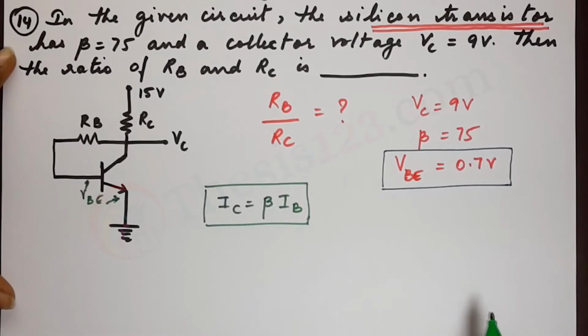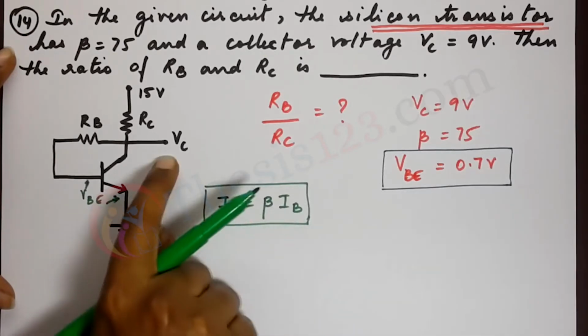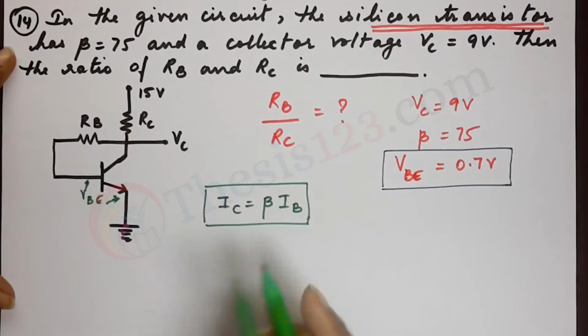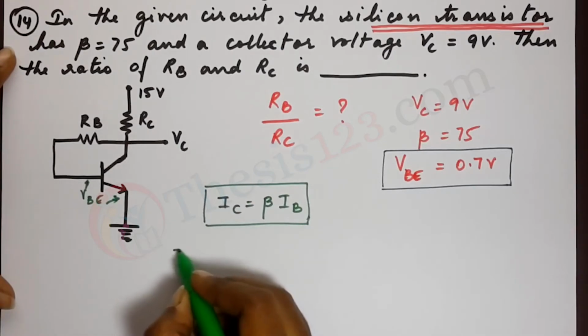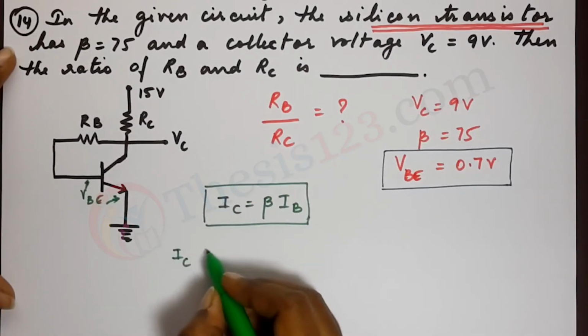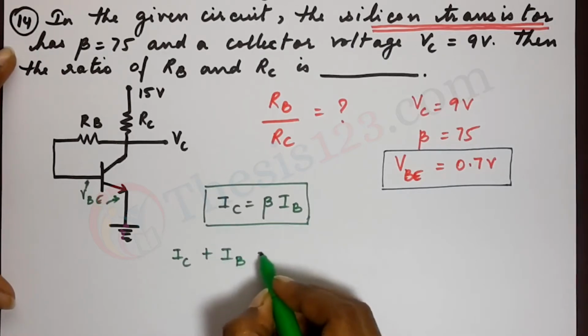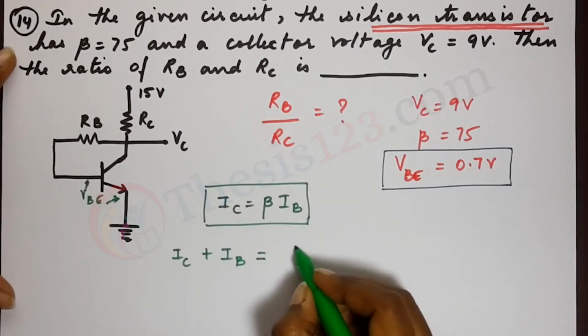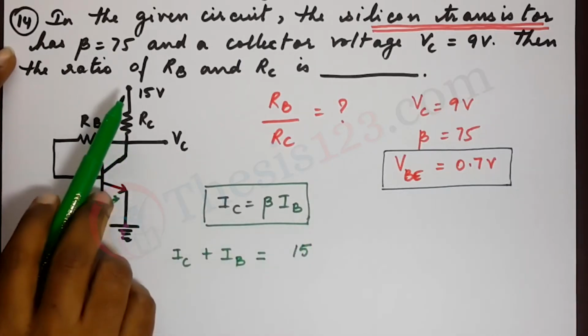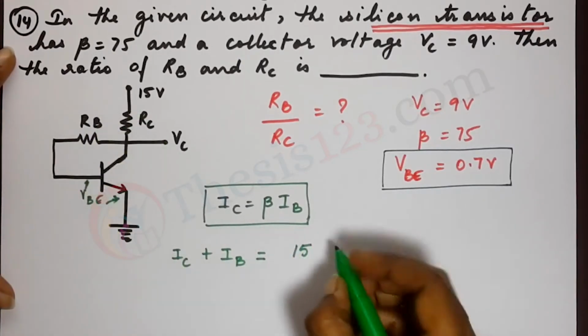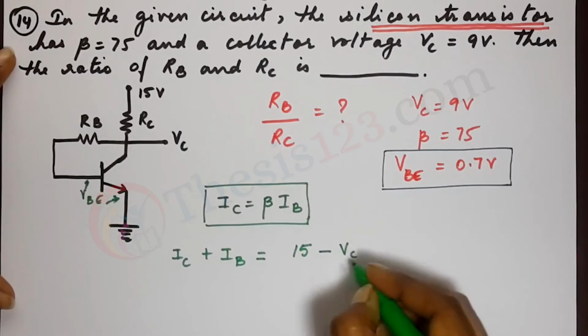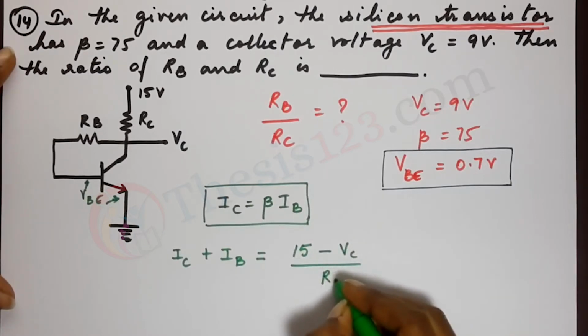Next, let's write down the equation for IC, IB, VC and RC. Here we have IC plus IB is equal to the difference between 15 and VC, divided by RC.